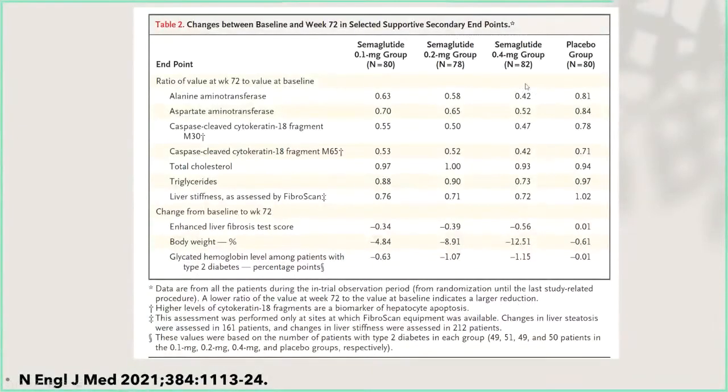Again, you can see here with the different doses, as expected, a significant drop in the hemoglobin A1C by 1.15% with the highest dose. And these are the changes in the enhanced liver fibrosis scores and body weight. This is important in the sense that one of the biggest questions about the mechanism of action is whether it is because they lost weight.